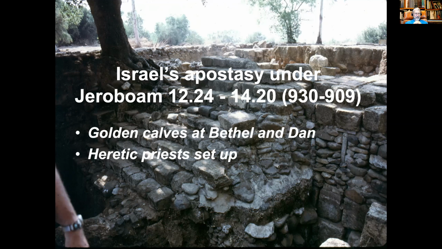And so he built temples in Bethel in the south, which is on the border of Benjamin, just north of Jerusalem, about 14 kilometers or so north of Jerusalem, and at Dan, which is way in the far north in the foothills of Mount Hermon. The photo you see in the background here is the steps leading up to Jeroboam's temple in Dan.